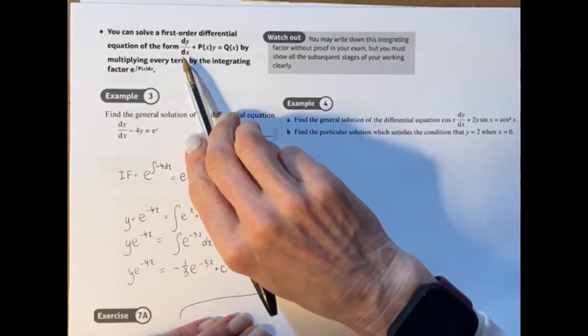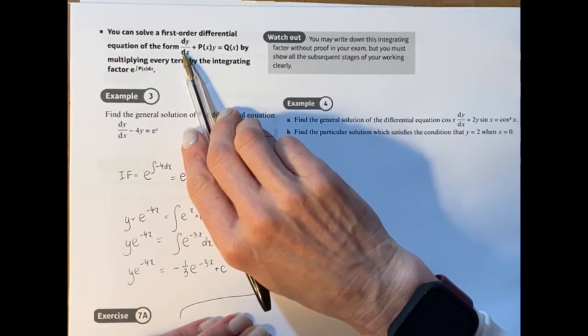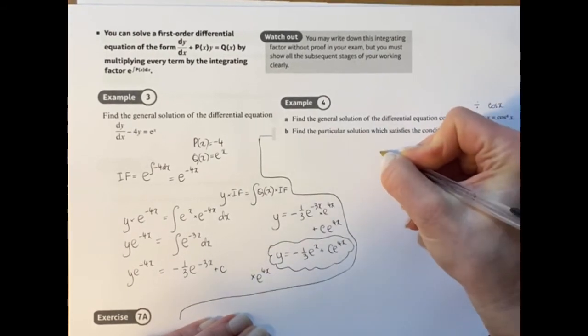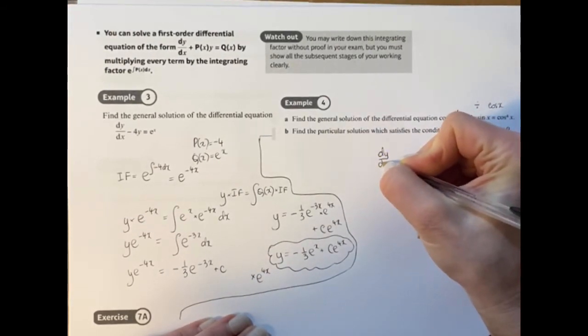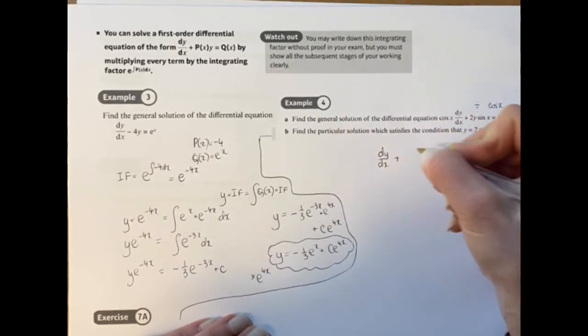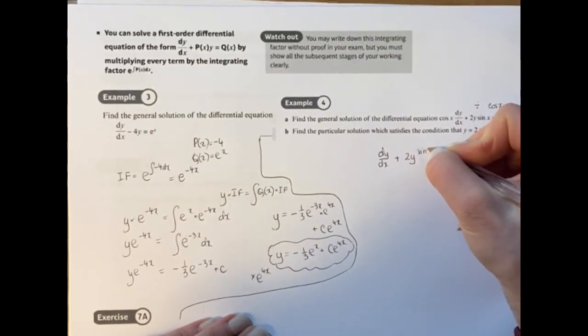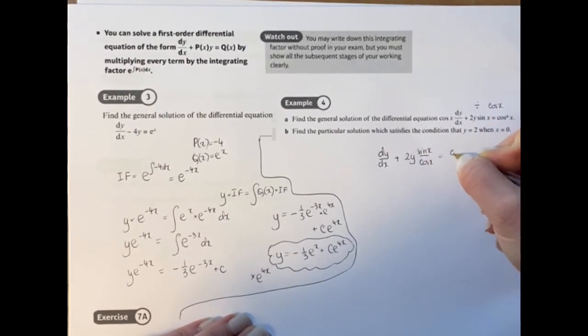So I'm going to attempt to rearrange it into the form where dy/dx is by itself, so I'm going to divide everything by cos x. So I'll get dy/dx plus 2y sin x over cos x, and then you've got cos to the power 4 x divided by cos x.